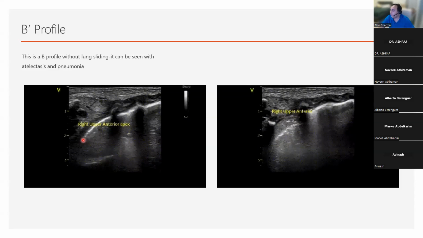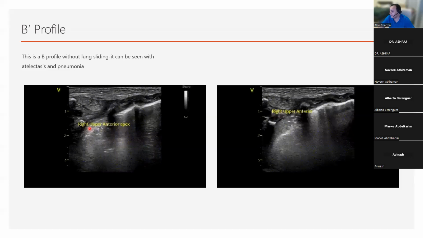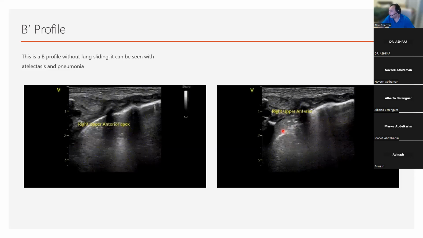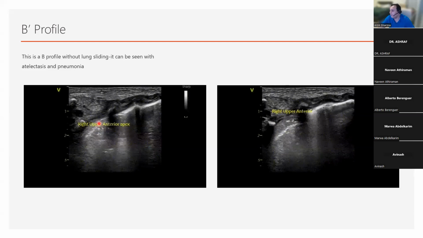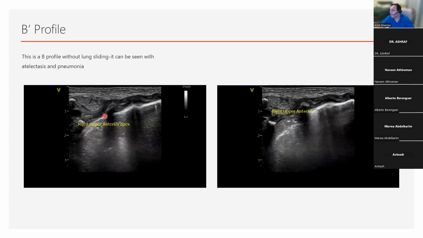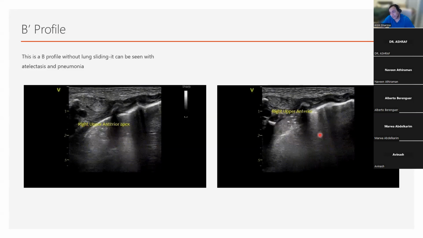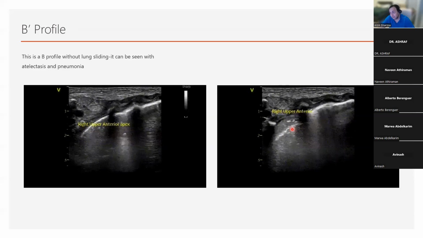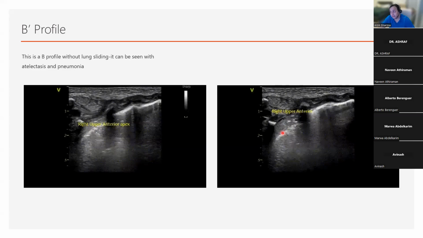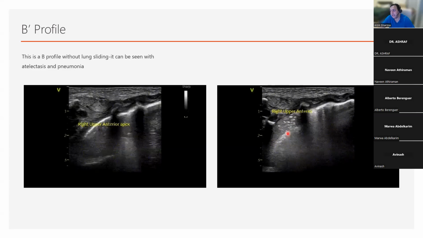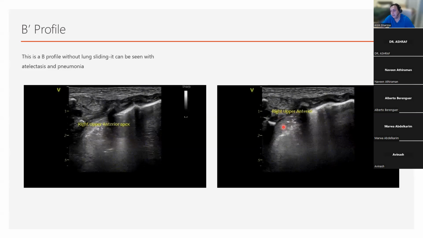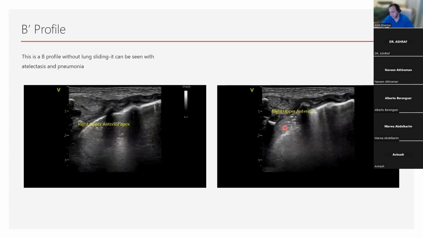After a period of time, you now have better aeration. So this is just an area of consolidation of the lung that's moved up because now we're recruiting lung to a point where we can establish air. That's not a Z line. That's consolidation. This is like a tissue sign, a big tissue sign. Okay, got it. Thank you.